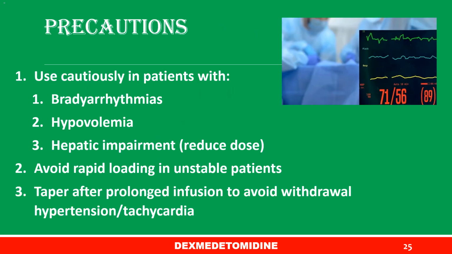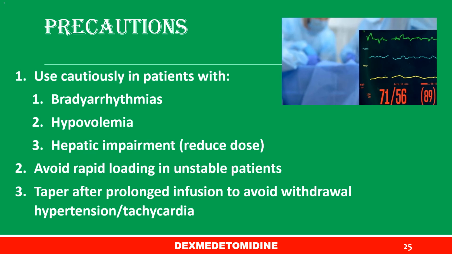Precautions for dexmedetomidine. 1. Use cautiously in patients with bradyarrhythmias. Be careful with dexmedetomidine in patients with slow heart rhythms. Hypovolemia. Use dexmedetomidine carefully in patients with low blood volume. Hepatic impairment. Reduce dose, lower dexmedetomidine dose in patients with liver problems. 2.